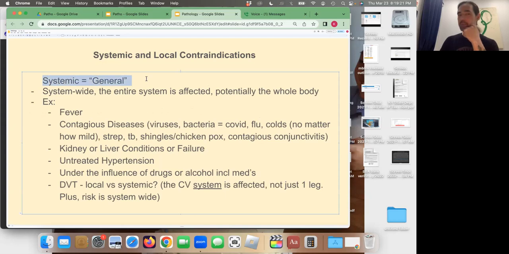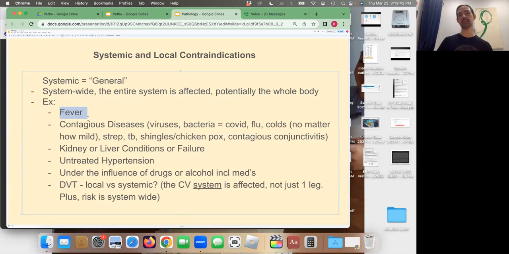All right. When you see systemic, think general, think system-wide, because the entire system is affected. That can be the respiratory system, the skin, the digestive system, but it could potentially be the whole body. Could potentially be the whole body in any kind of so-called systemic or general contraindication, like fever.